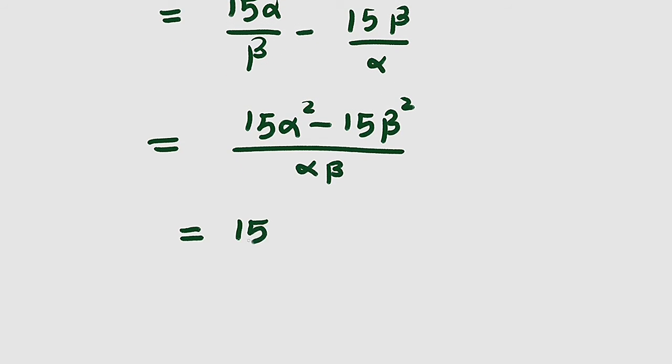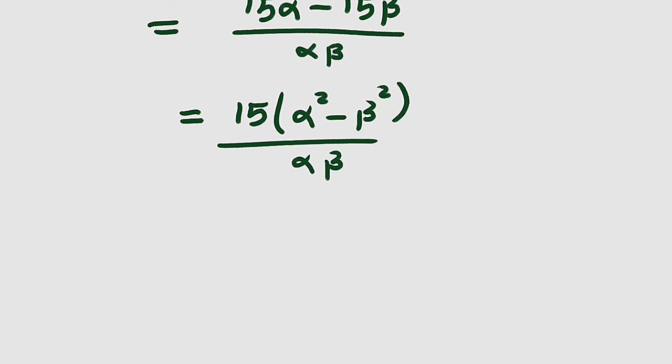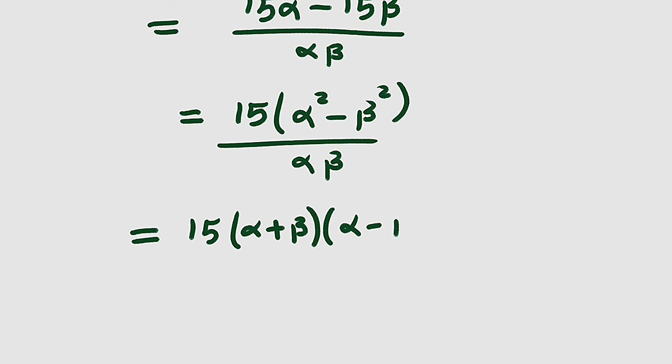So this is 15 times alpha squared minus beta squared, divided by alpha beta. Alpha squared minus beta squared is difference of two squares. So this is 15 multiplied by alpha plus beta, multiplied by alpha minus beta, divided by alpha beta.